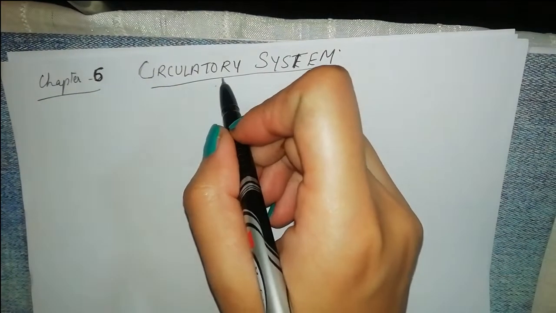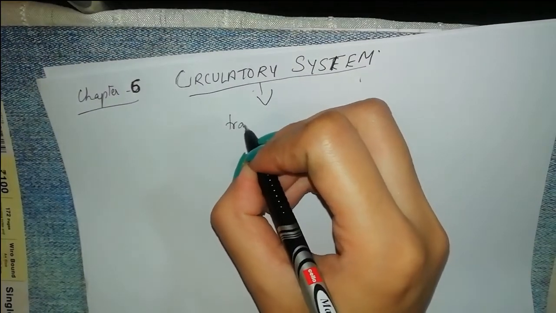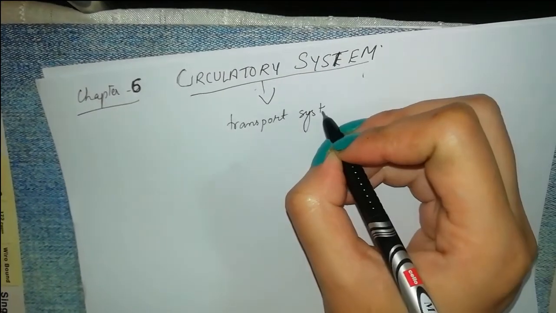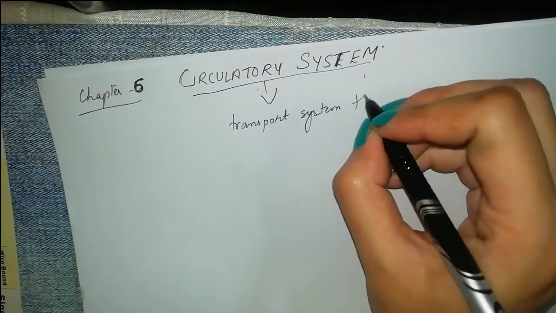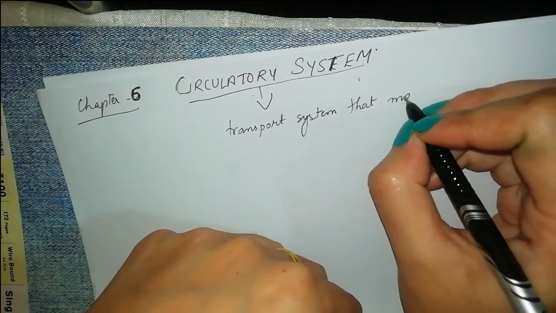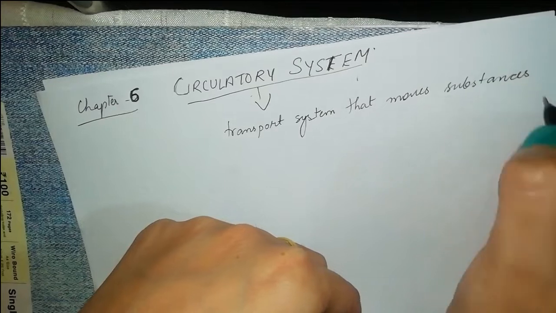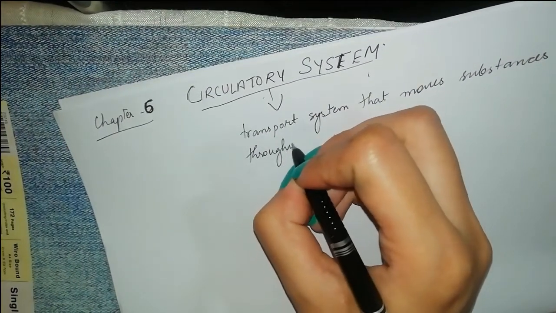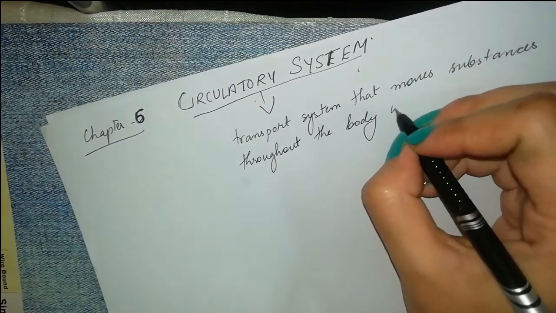Now let's go into detail. What is your circulatory system? As I have told you, it is the transport system that moves substances throughout the body with the help of the blood.